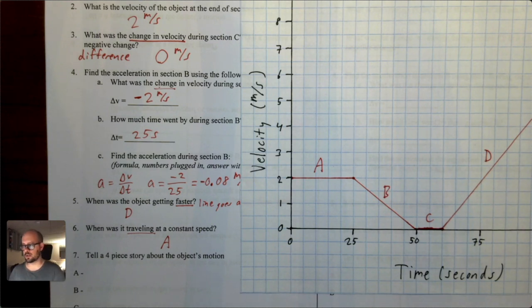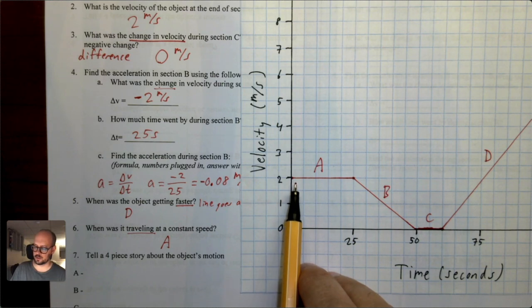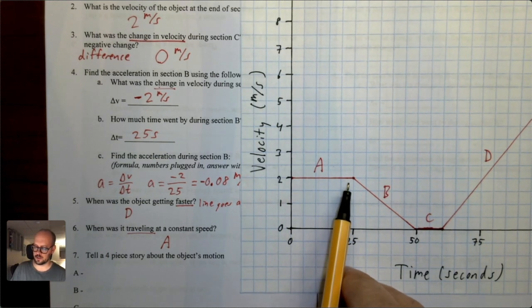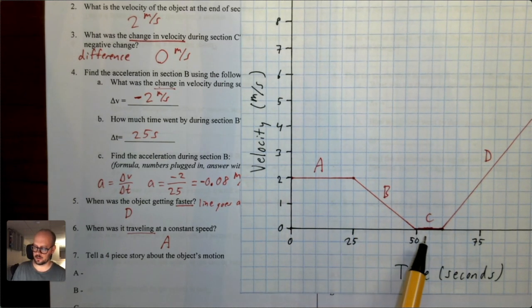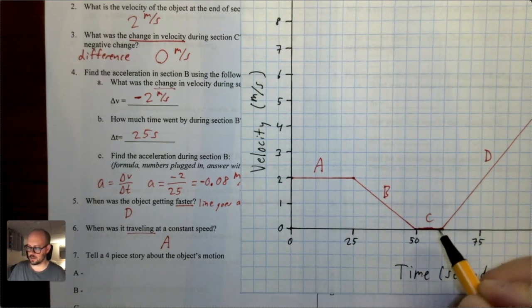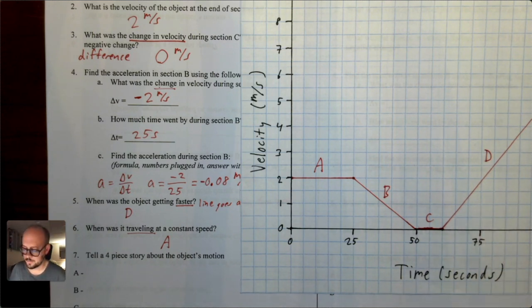So you can think about maybe it's a ball rolling along flat ground, and then it rolls up a hill and stops, or someone catches it, and then maybe someone kicks it back down the hill. And as it goes down the hill, it speeds up. So you tell a 4-part story, and that can be you being creative. So that's how this works.